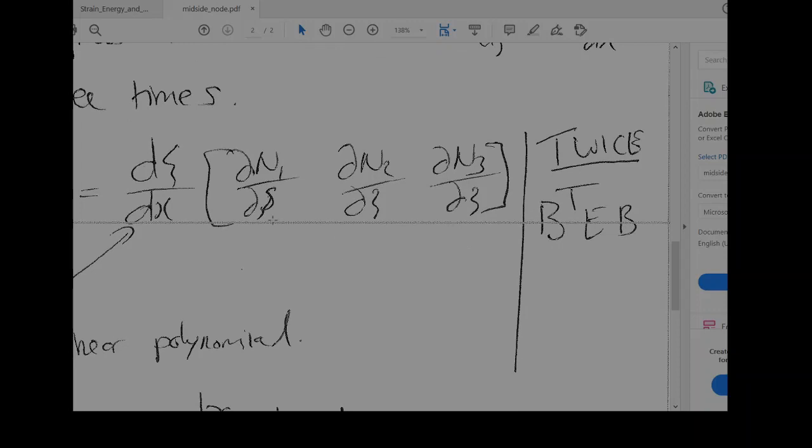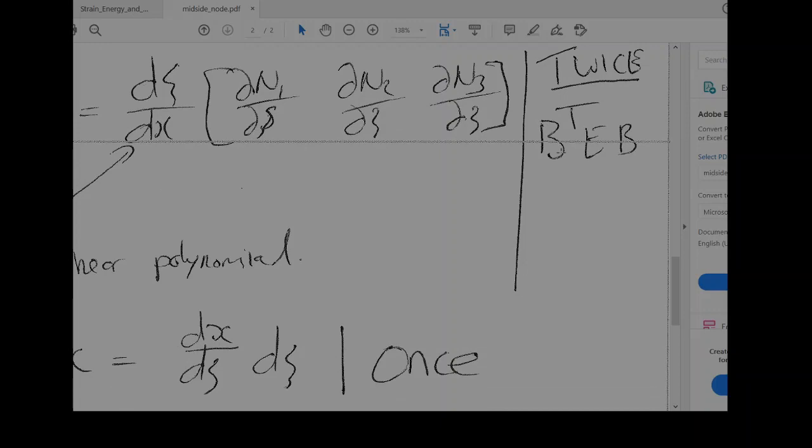So what I have is these N's are linear polynomials divided by a linear polynomial, and I've got that twice, because there's a B transpose and a B. So there's a polynomial divided by polynomial, and this is another polynomial, again polynomial divided by polynomial. That's what we have there.